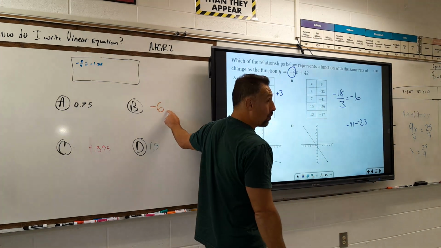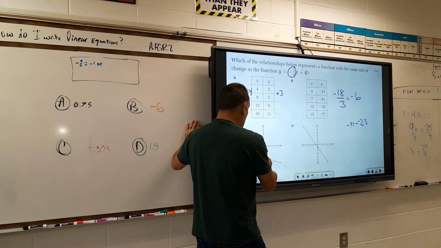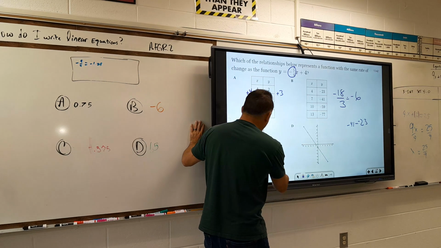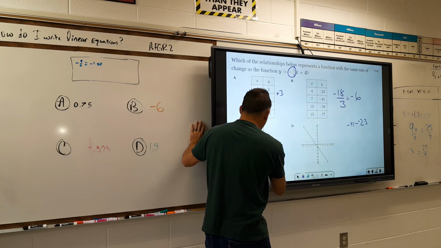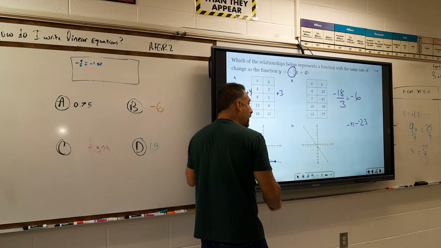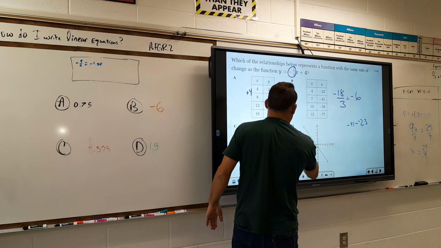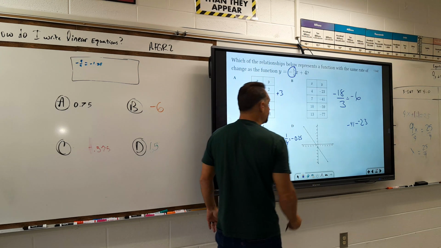B is correct. This blows my mind. We can't draw the stairs. We have drawn the stairs so many times. I'm so confused that we don't know that this line leans this way, and the answer is negative 1 over 4, which is negative 0.25.